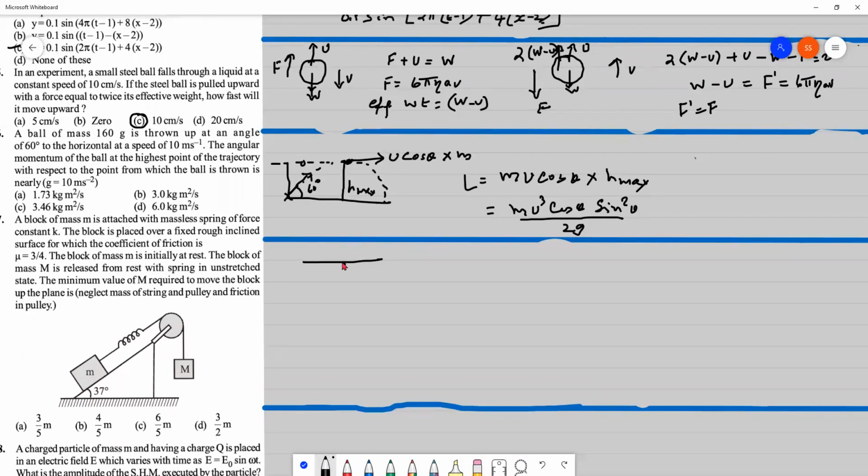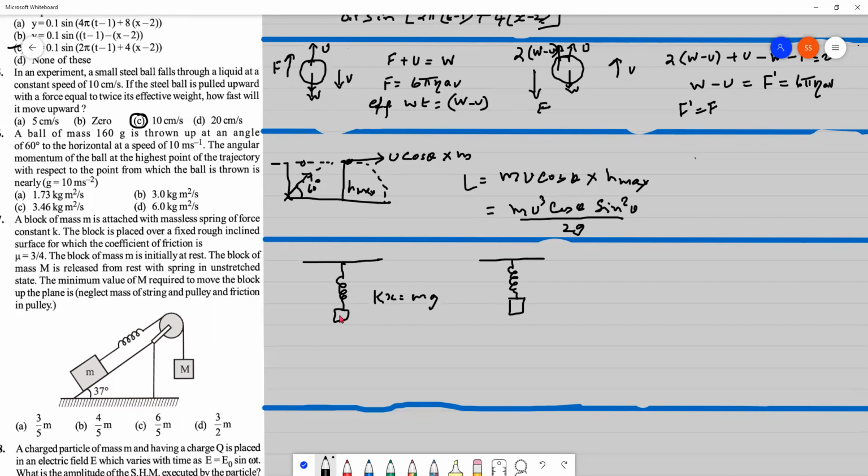If this is the natural length of the spring, and you are holding it and it is at the natural length, if you slowly leave it, then when it comes to rest, kx will be equal to mg.